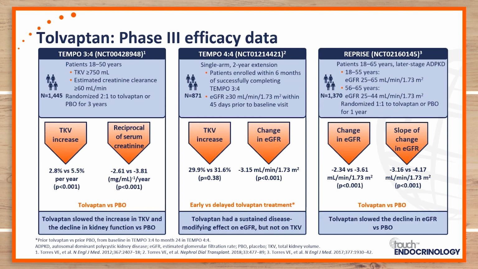And they found that Tolvaptan had a sustained disease-modifying effect on eGFR, but not on TKV. And then finally, we have the REPRISE trial. There they measured the change in eGFR as well as the slope of change in eGFR. And what they found is that Tolvaptan slowed the decline in eGFR.